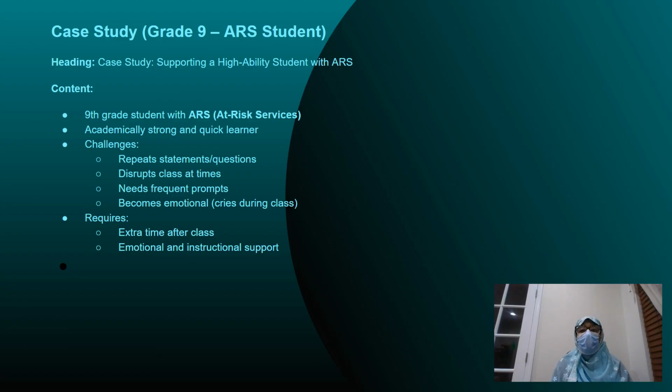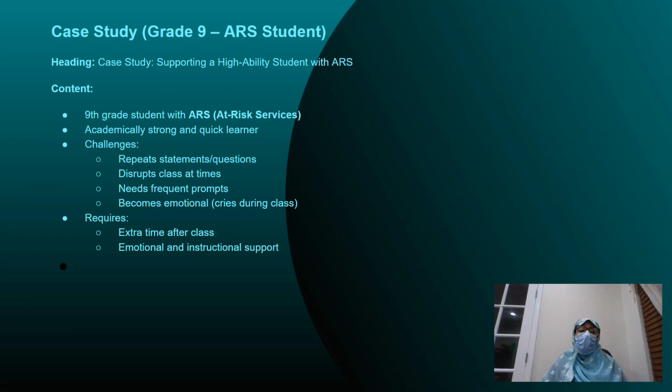Academically, he or she may be strong and a quick learner. But what will be the challenges? Generally, I'm talking about repeating statements, questions, disrupting class at times, and needing frequent prompts. Sometimes it becomes so emotional, they may start crying during class.